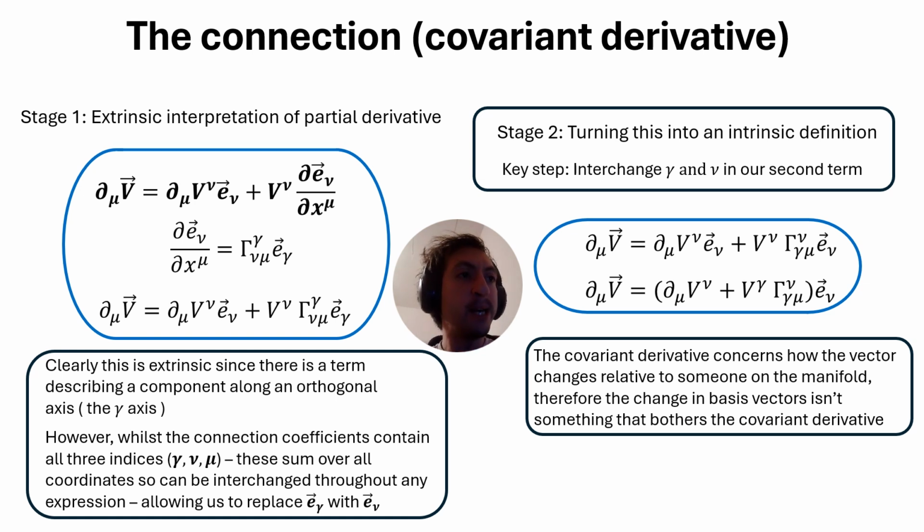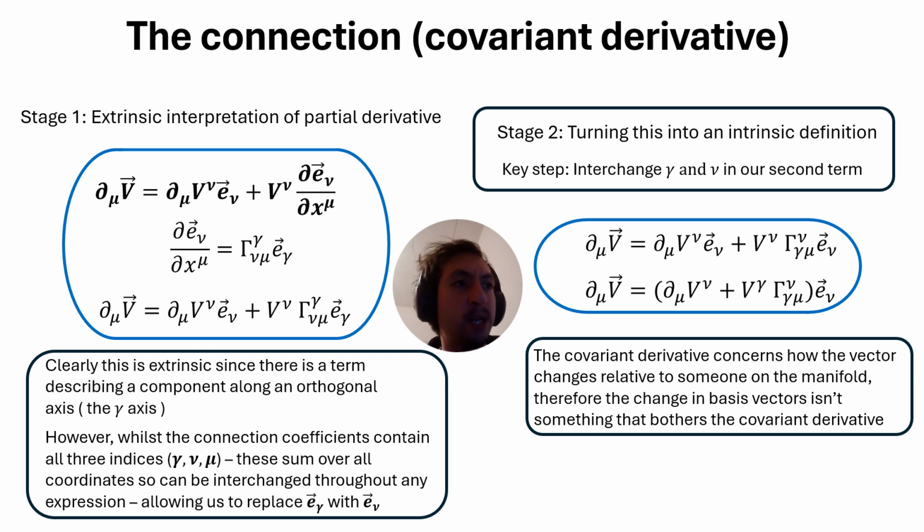And therefore, in that sense, the covariant derivative isn't really bothered by a natural change in the basis vectors across a manifold. And so we can just factorise out the basis vectors.